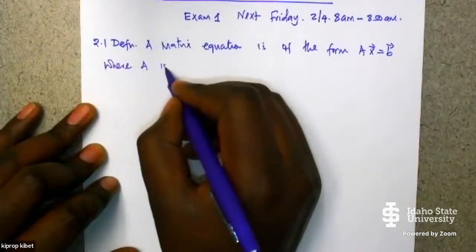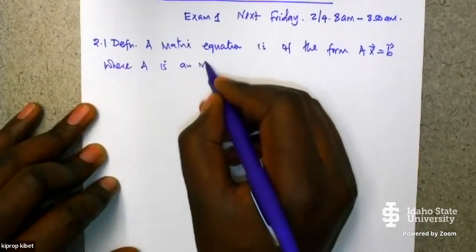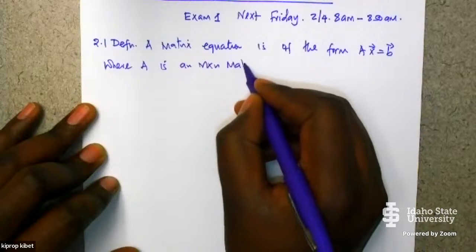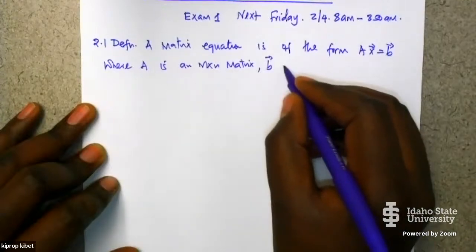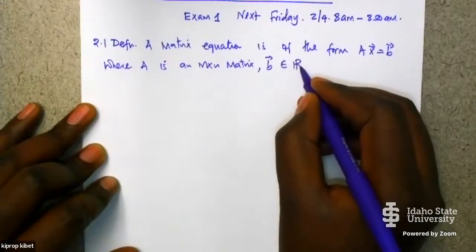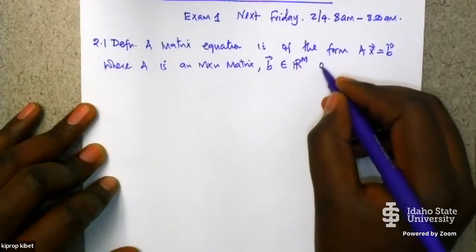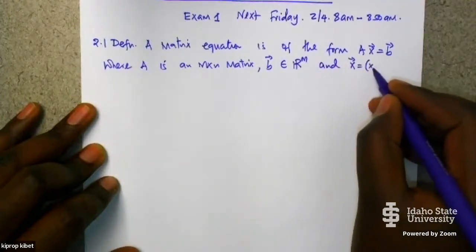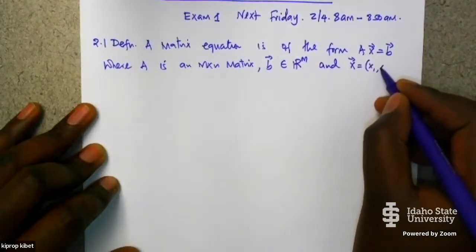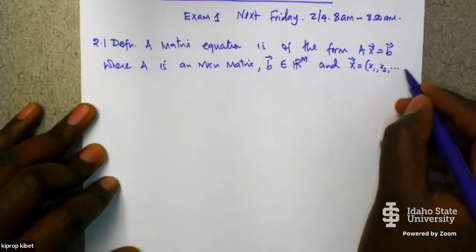where A is an m by n matrix, B is an element of Rm, and X equals X1, X2, up to Xn.